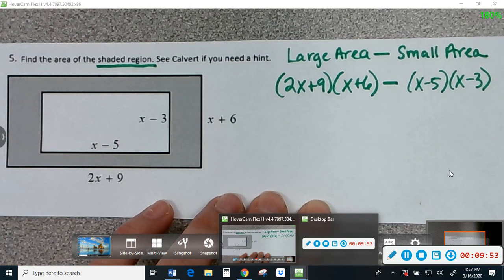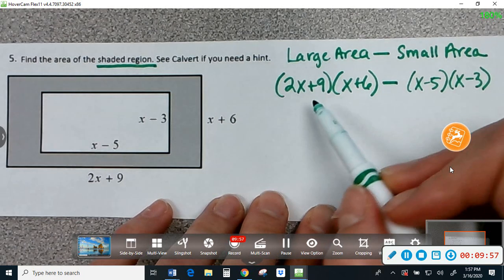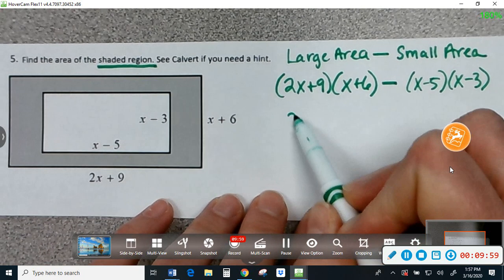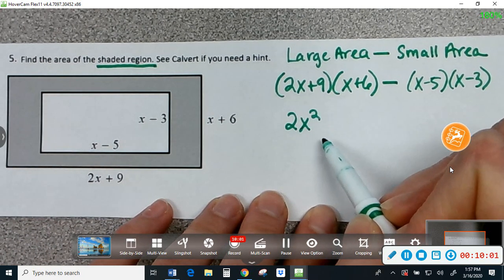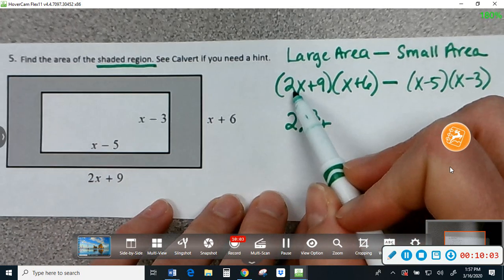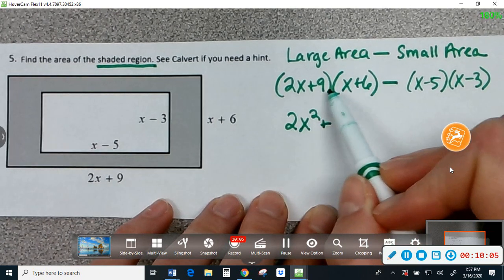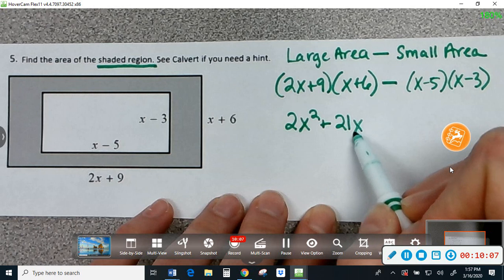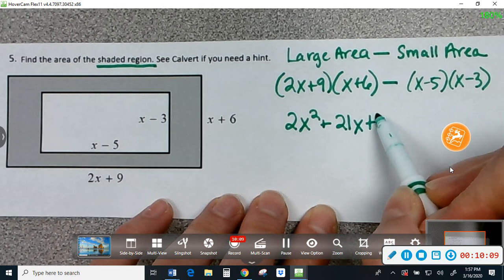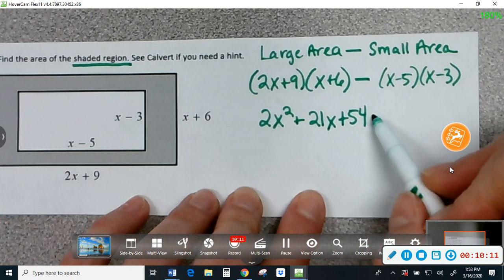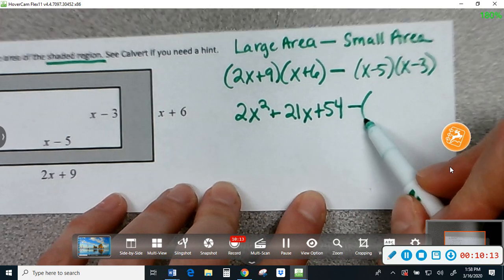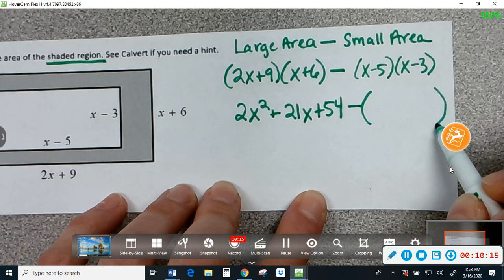Alright, so hopefully you have tried the problem on your own. This is what you should have gotten for this product. 2x squared plus 12x plus 9x, that would be 21x plus 54. Minus, on this one, be sure to put this final product in parentheses.